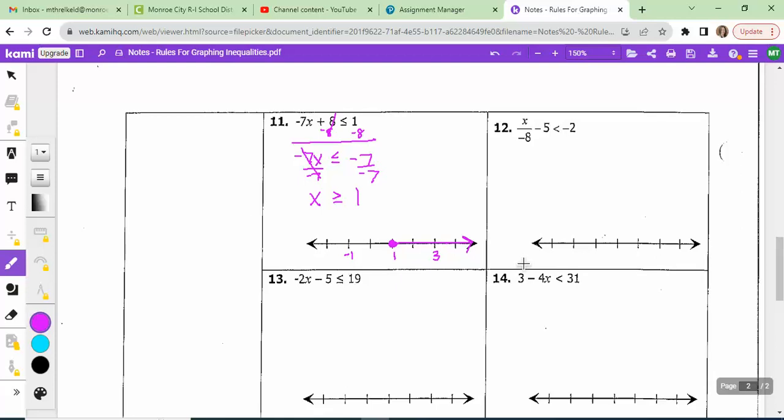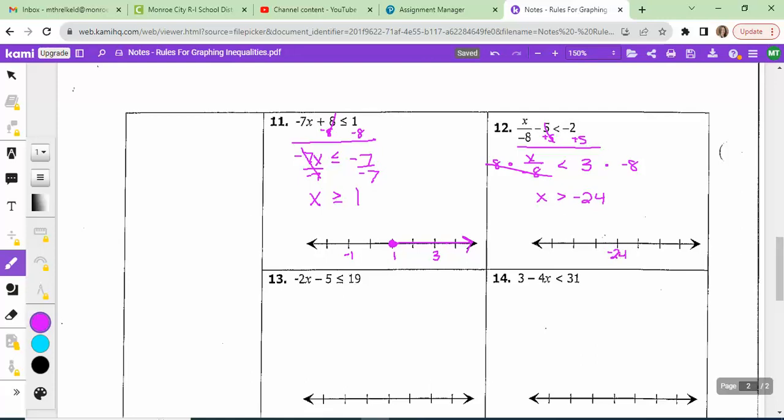Alright. Number 12, what do we do? So I get x divided by negative 8 is less than 3. The opposite of dividing by negative 8, and what would that one do? So I get x is greater than negative 24.